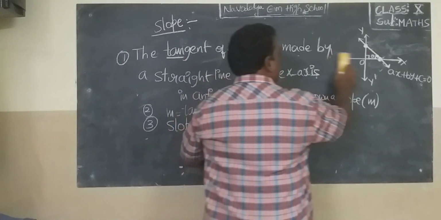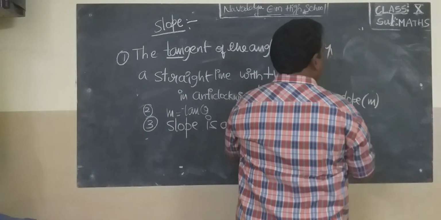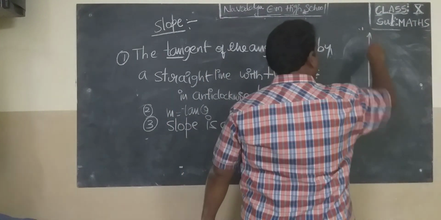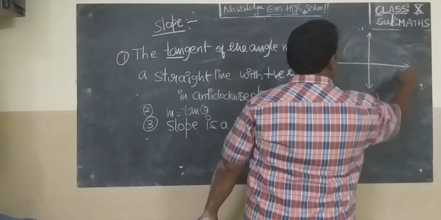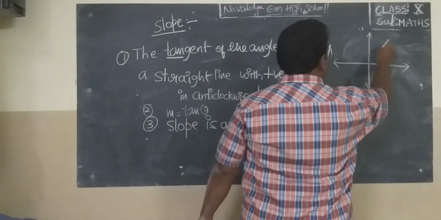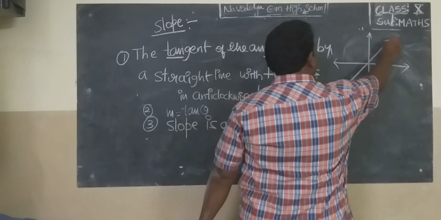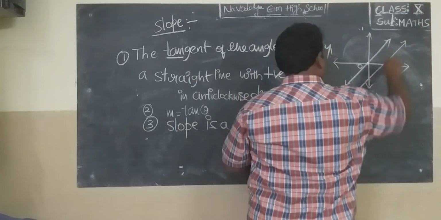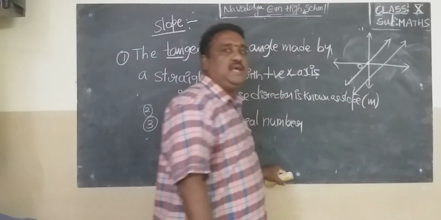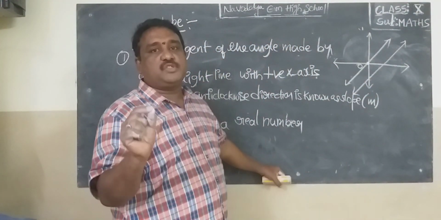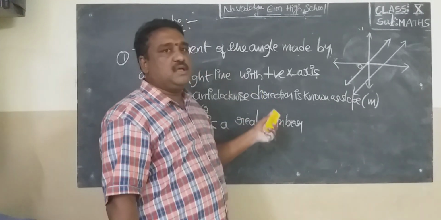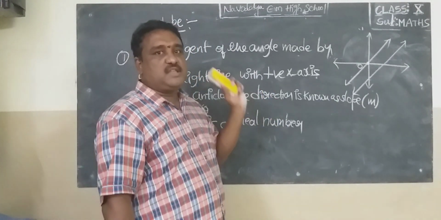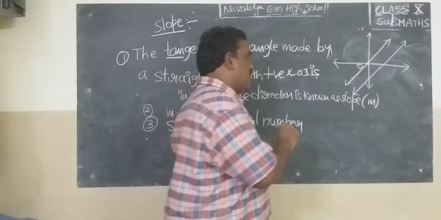And see the diagram once. Here I am drawing two lines. This is the first line, this is origin, and this is the second line. There are different forms of straight lines. Some lines pass through origin, some lines do not pass through origin.